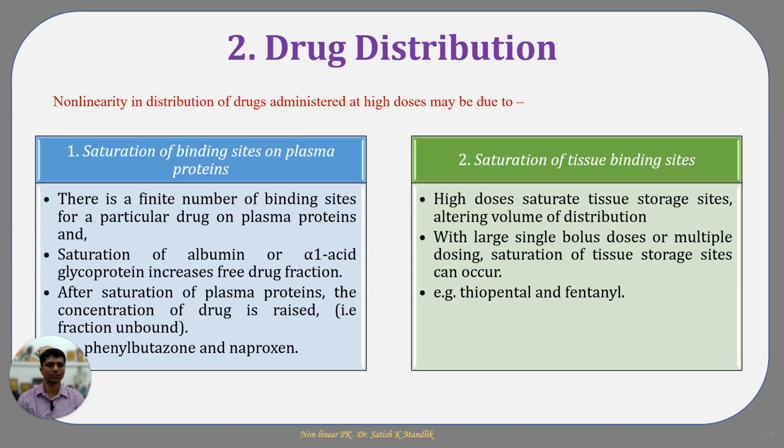At high doses, the tissue storage sites are saturated, altering the volume of distribution. With large single bolus doses and multiple dosing, saturation of the tissue storage sites can occur. So both plasma protein and tissue binding sites become saturated at higher doses of drugs. Those are the most important contributors from the distribution point of view.